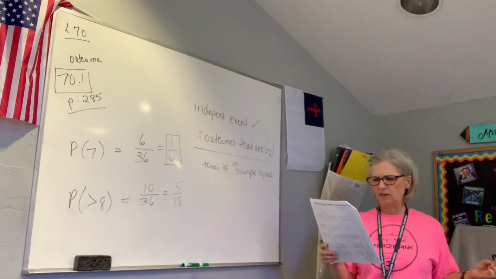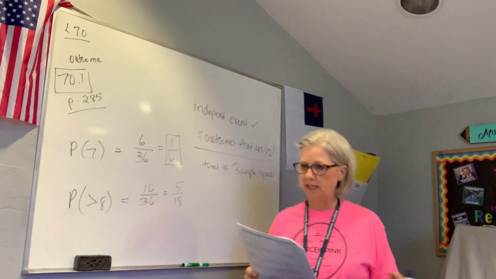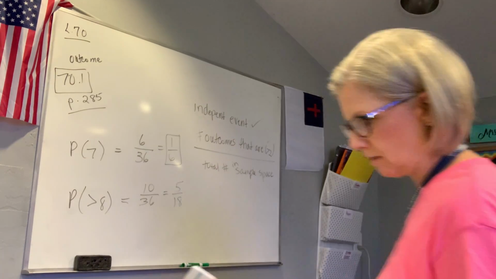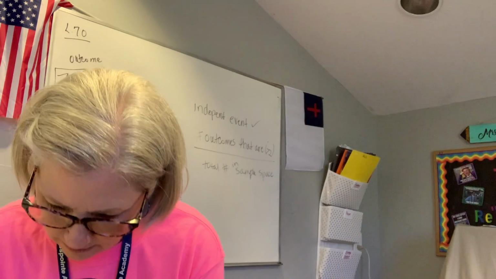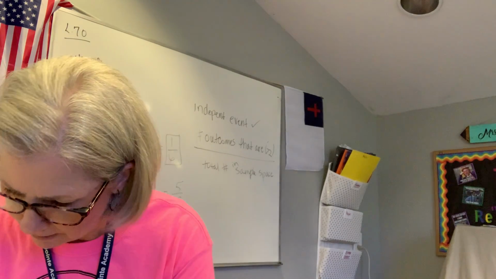I must have read this wrong. Sum of the dice is 7. Okay, well go ahead and build that in there. I thought it said greater than 7. So go ahead and build that third example is what we just did up here.